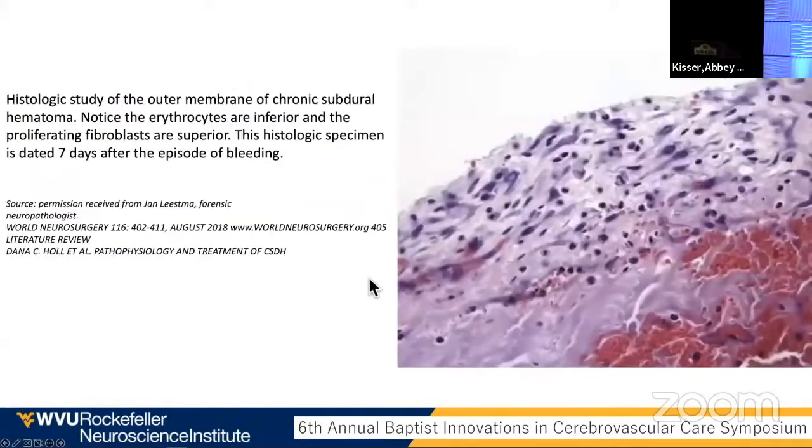If we look at it under histology, this is a histological section of the outer membrane of a chronic subdural hematoma, which typically has these fibroblasts surrounding an inner layer of erythrocytes.